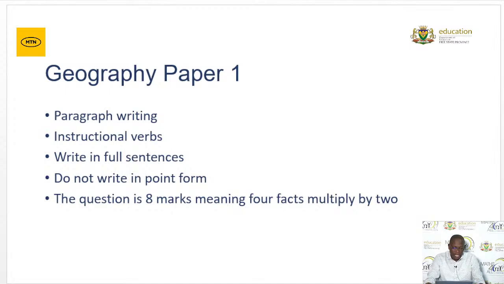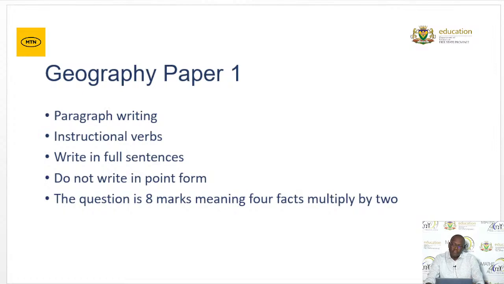The question is 8 marks, meaning 4 facts multiplied by 2. So we need only 4 facts, and then we multiply that by 2 to get 8. Grade 12s, let's look at the mark allocation for each and every question, not only this paragraph question but the whole paper.